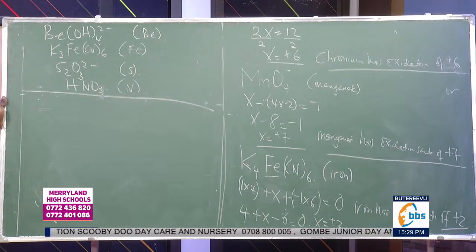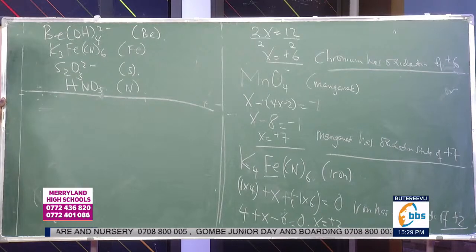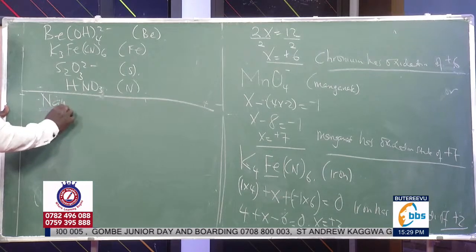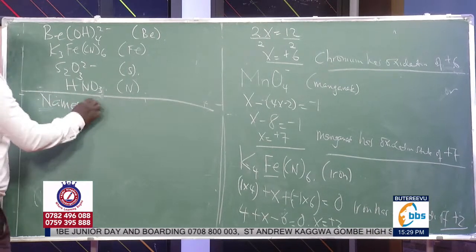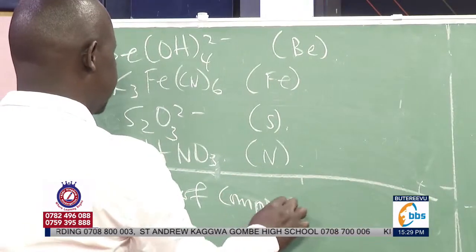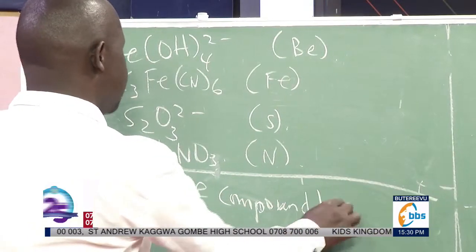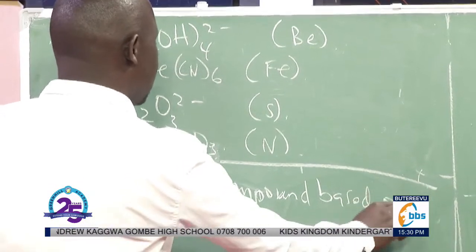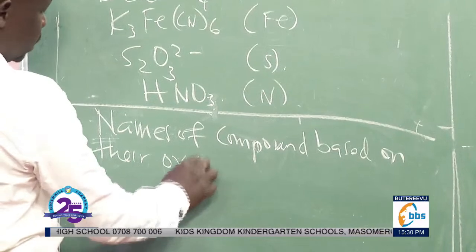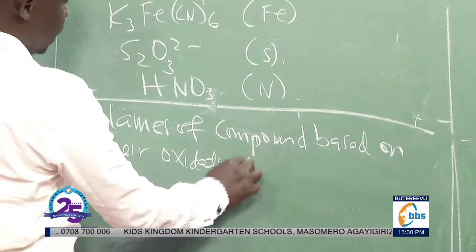Then for potassium, it is positive 1, since it's a metal. Now naming of, let us look at names of compounds based on their oxidation states.